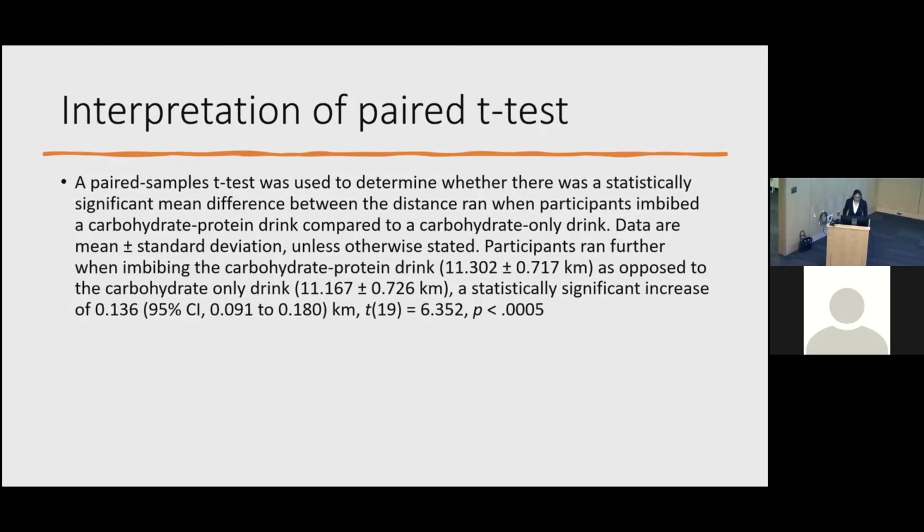Participants ran further when imbibing the carbohydrate protein drink as opposed to the carbohydrate only drink. Here they are the same participants but different conditions. A statistically significant increase of 0.136 was found. And again, we present the t-statistic, the degrees of freedom and the significance level. Again, you can rephrase it according to whether the results are statistically significant or not.